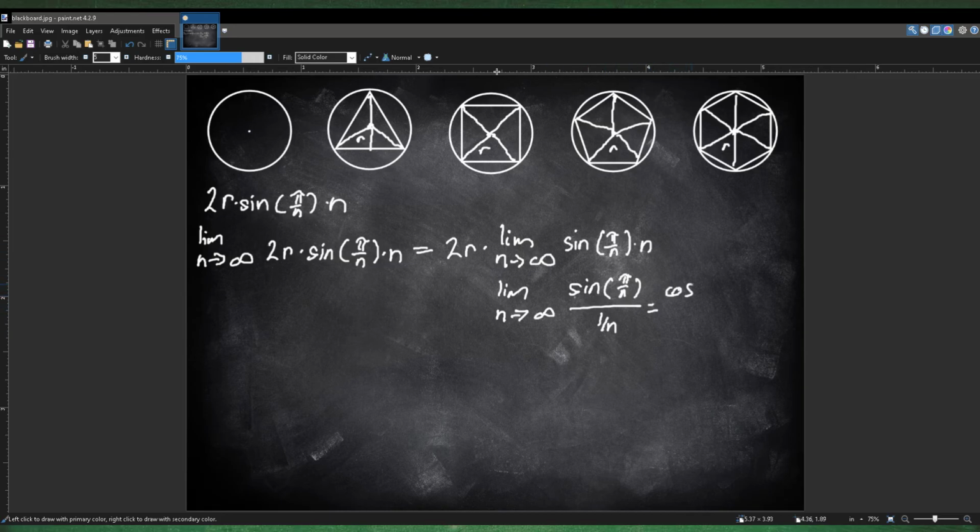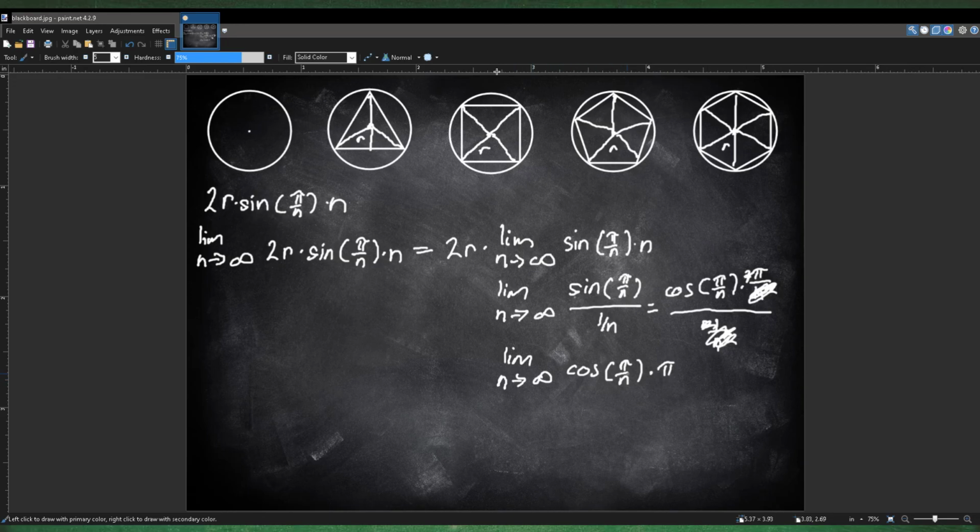So that's cosine of pi over n times the chain rule inside, where the derivative of pi over n is negative pi over n squared, divided by the derivative of the bottom, which is negative 1 over n squared. So cancel out the negatives, cancel out the 1 over n squared. Now we're left with the limit as n approaches infinity of cosine of pi over n times pi.